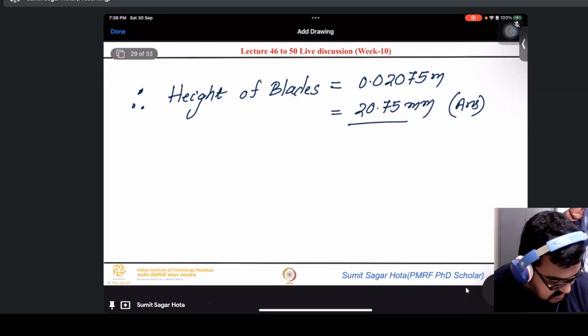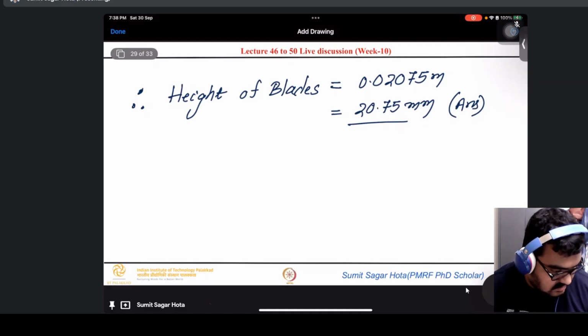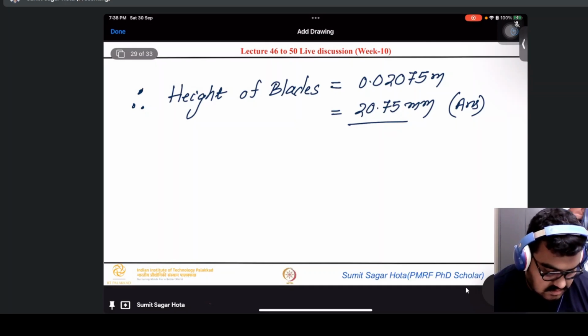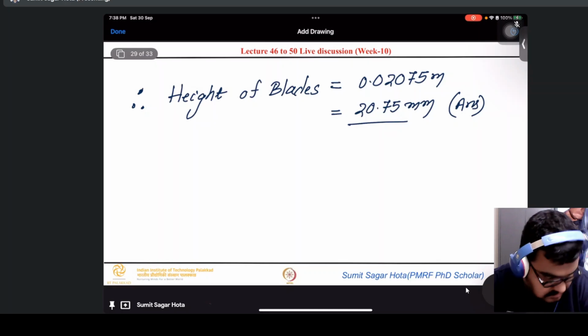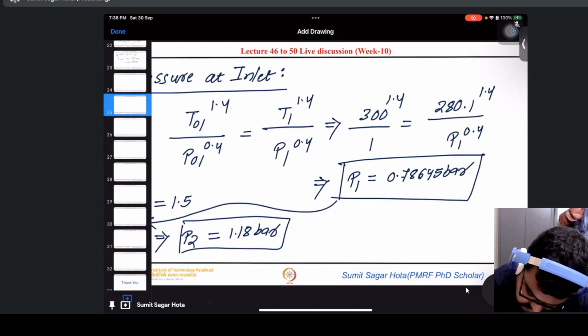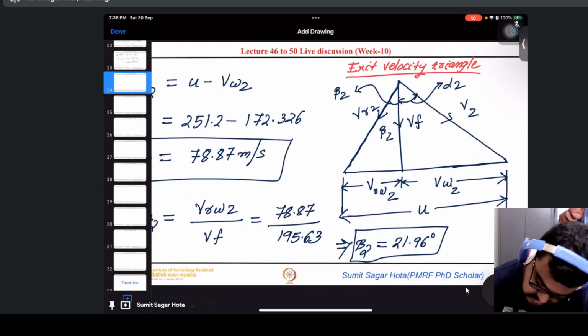I think we found out all the blade angles. So this is also the answer.